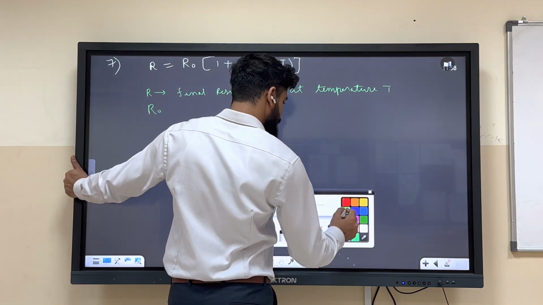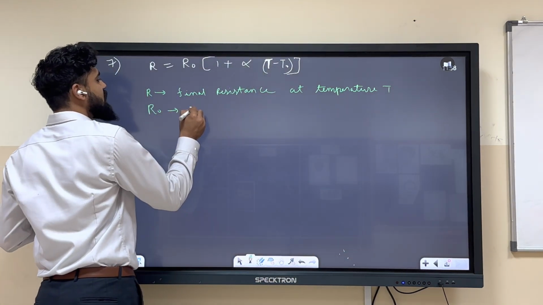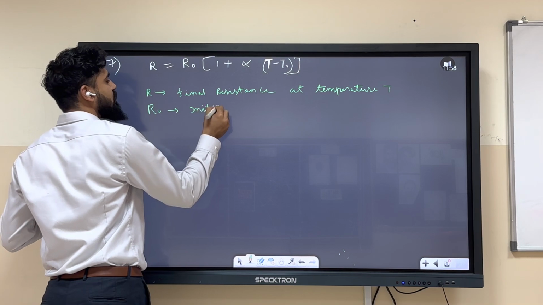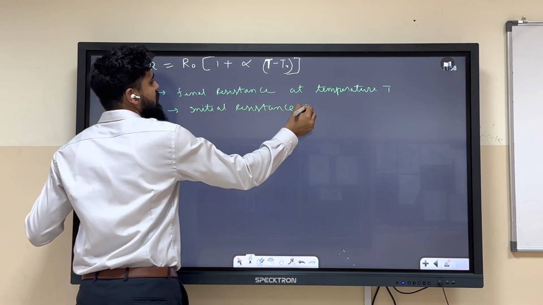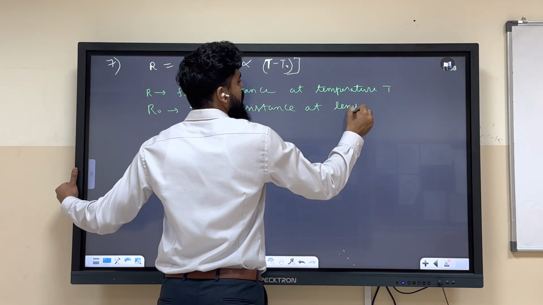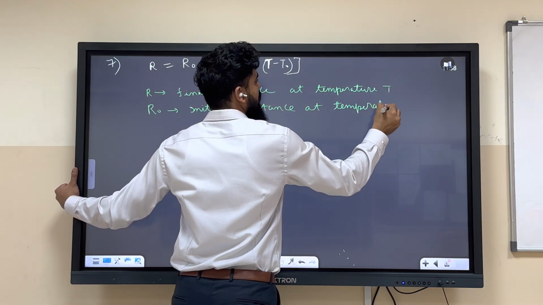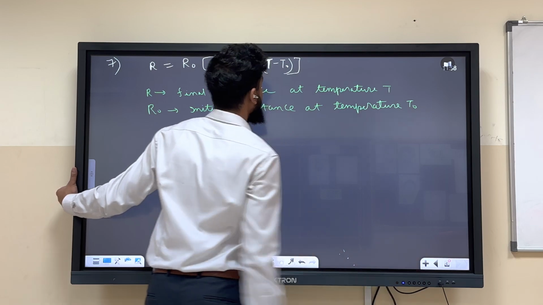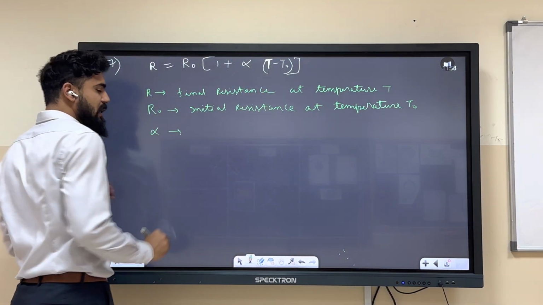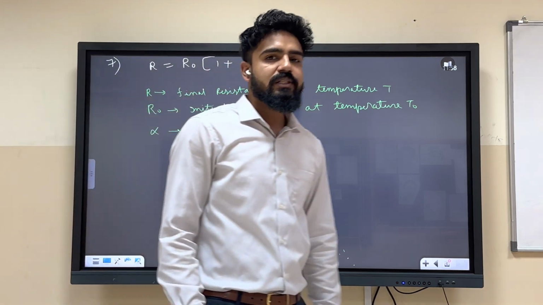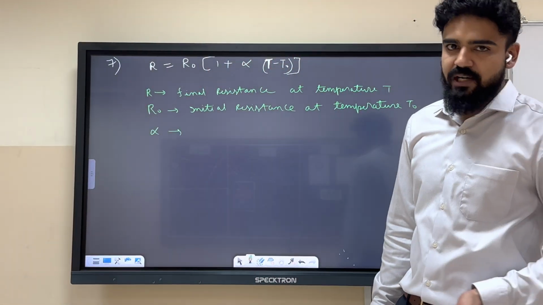R0 is the initial resistance at temperature T0. Okay, no problem. Alpha, this is important. Okay, so this is the what? Coefficient.